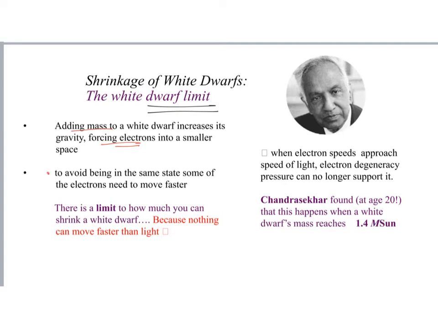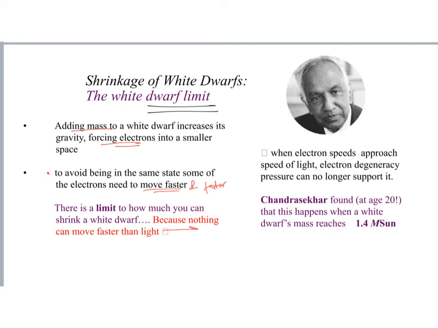Now, to avoid being in the same state, energetic or physical, some of those electrons need to move faster and faster the more matter we add on the surface of that white dwarf. So it turns out there is a limit to how much you can shrink a white dwarf, basically to how much you can shrink a high number of electrons.